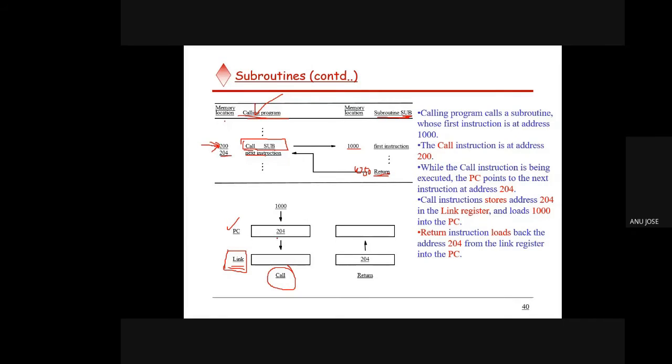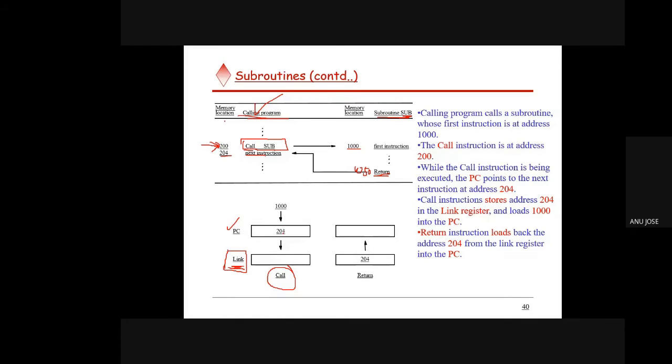Whatever the program counter content is, that is taken and stored in the link register. That is the use of the link register. The program counter content was 204, and that is stored in the link register. At the same time, instead of executing 204, the program counter should execute where the subroutine resides, the 1000 memory location.